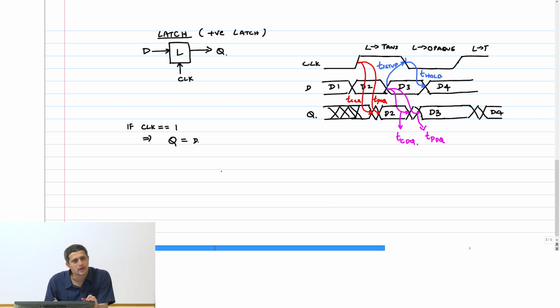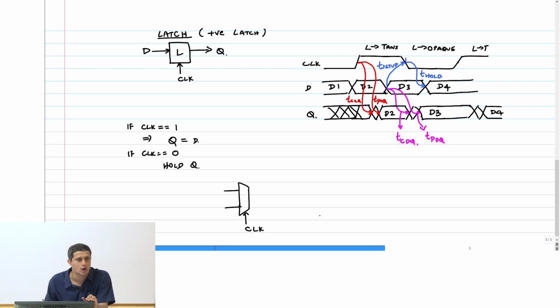If I were to implement this in terms of logic gates, where I have if clock equal to 0, then hold Q. Let's say, what is the best logic gate I can use to implement this? Mux, right? A multiplexer. This is a clock.